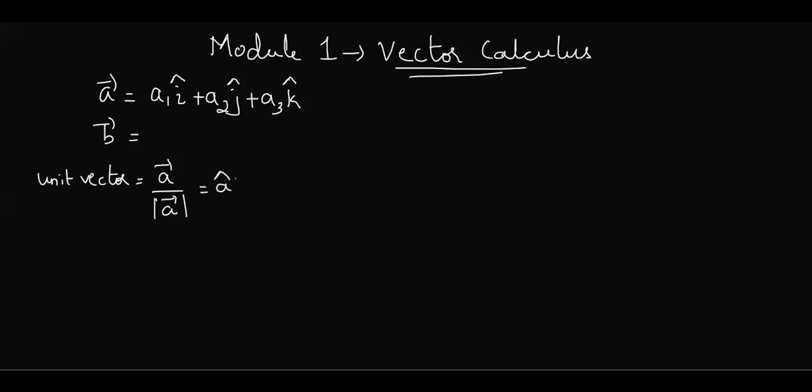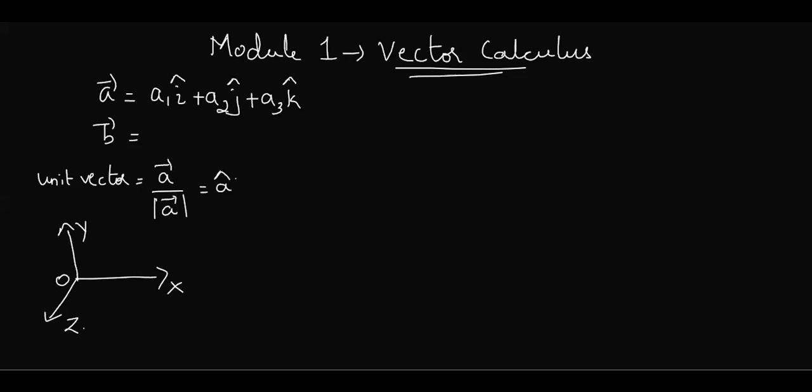Similarly, i, j, k are the unit vectors in the directions of x, y, z. I have three coordinates, here the combination A1, A2, A3, so I have to take a point in space, isn't it? So I have to consider three dimensions. Suppose I have the x-axis, y-axis and z-axis.